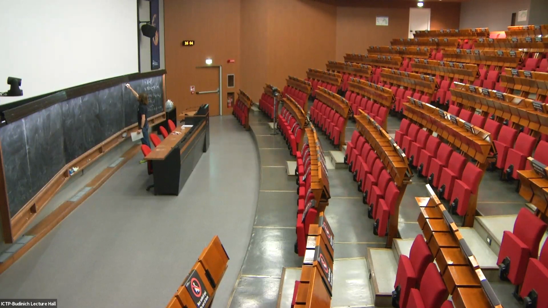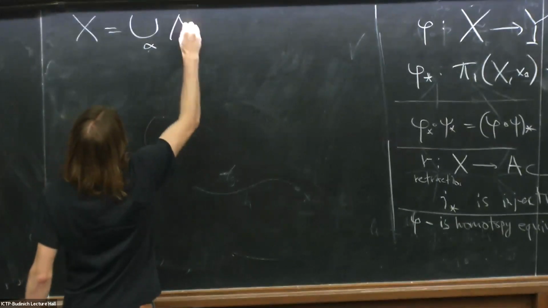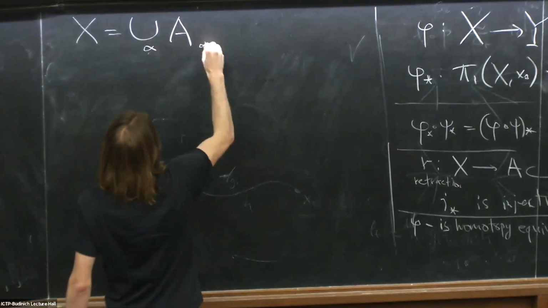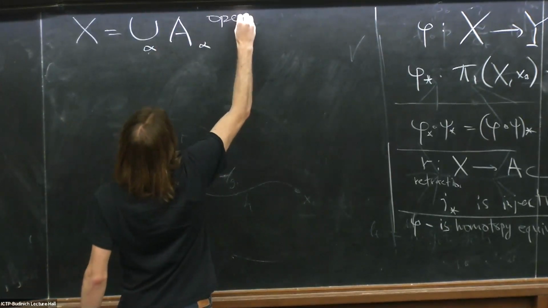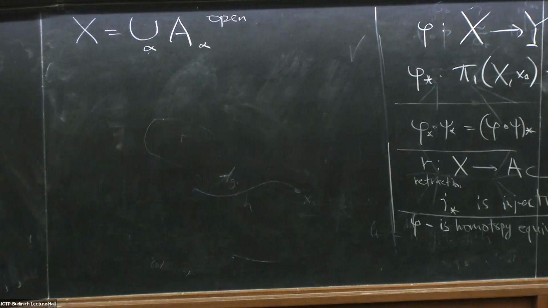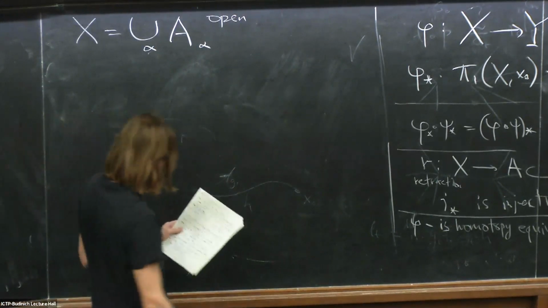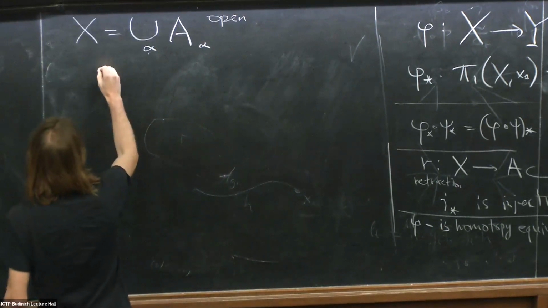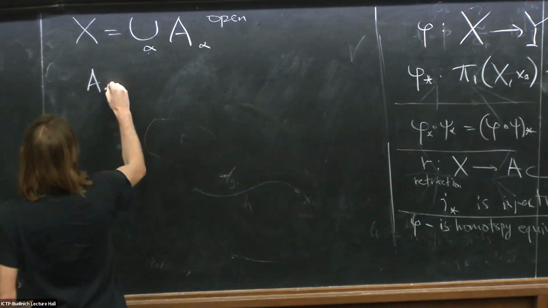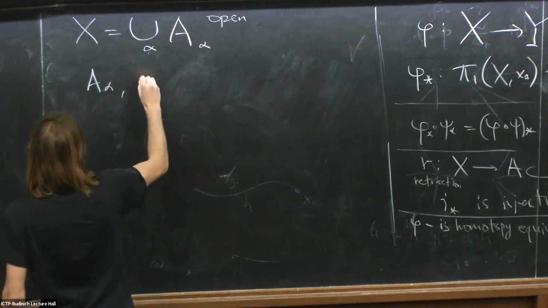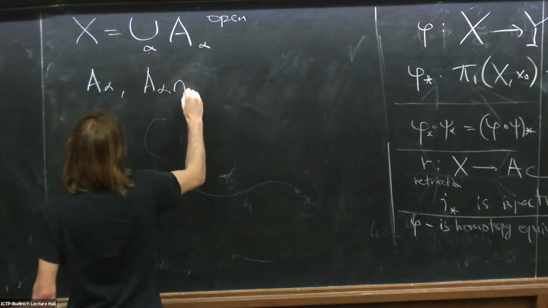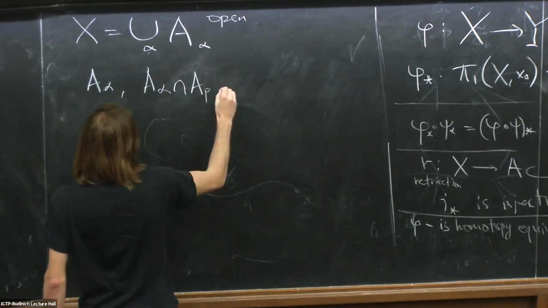We have some topological space X, which was covered by open sets A alpha, such that they themselves and all their pairwise intersections are path connected.